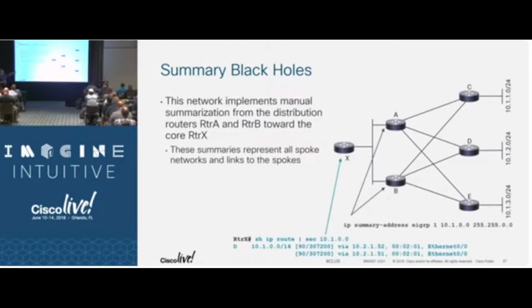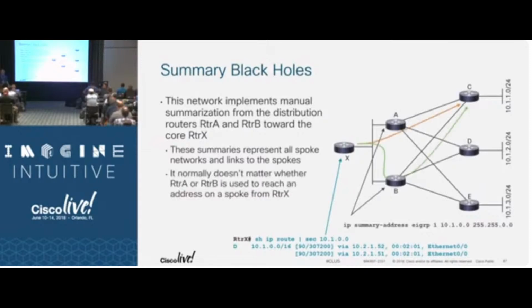And they advertise it to router X that is somewhere up the hierarchy, up to the core. If all routers are up and running, and if all those component routes are up and running, this works perfectly. X may decide to send some packets through A and some packets through B because it learns both summaries from both A and B, and they would probably have the same metric.